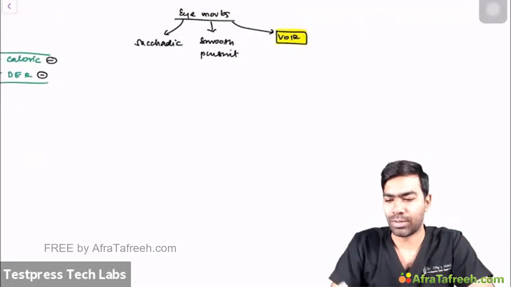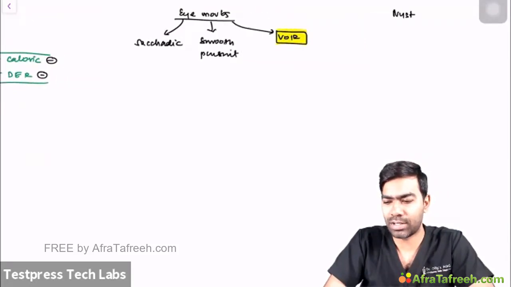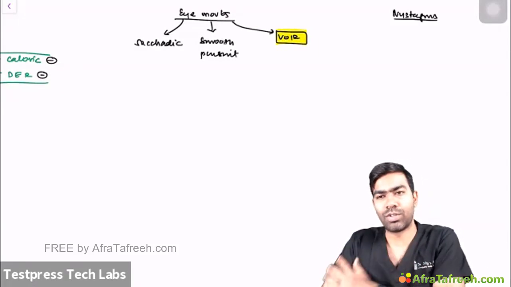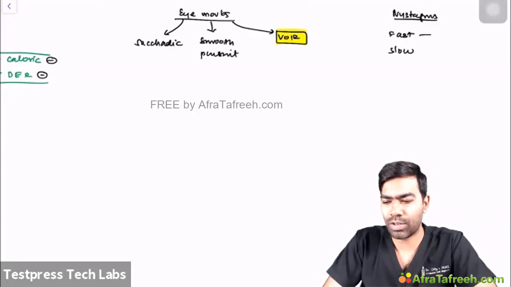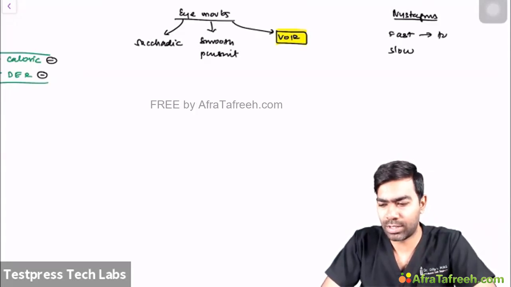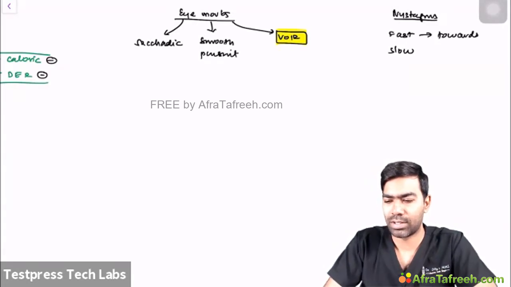As far as nystagmus is concerned, you will usually have something called two components. One is called a fast component, and the second one is called a slow component. Usually your fast component will be towards the direction of the rotation of the head.